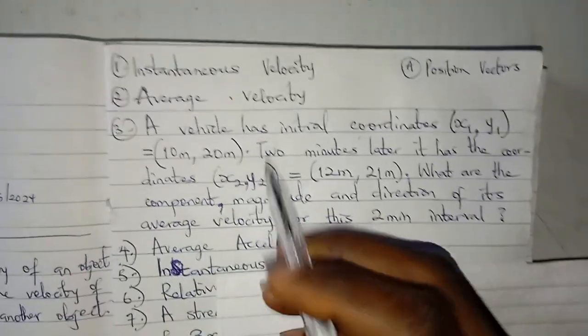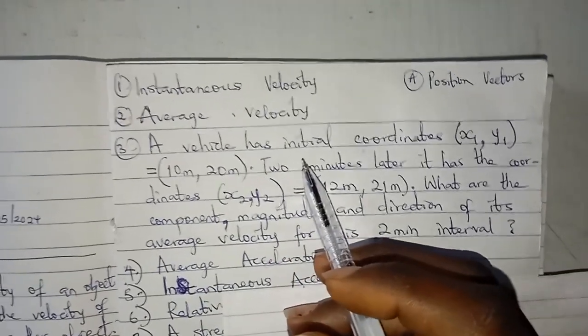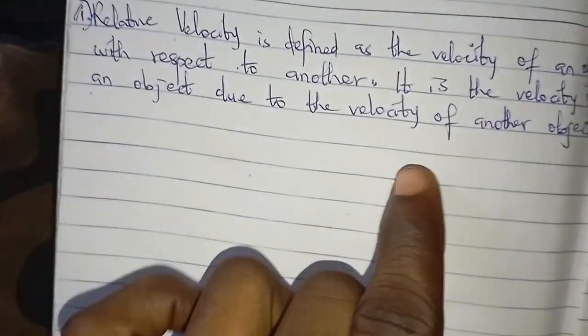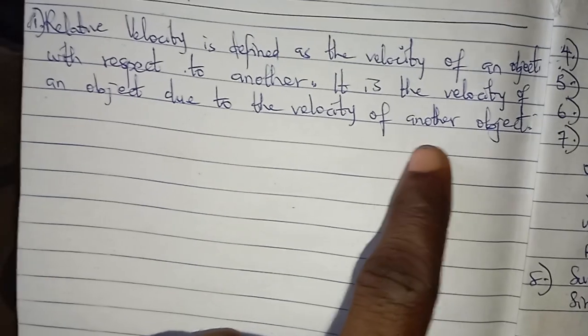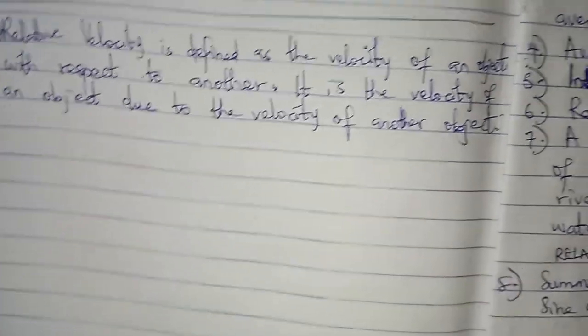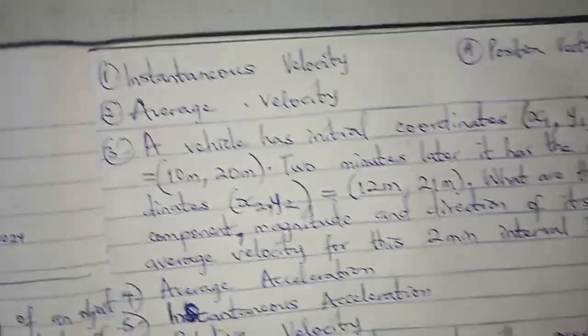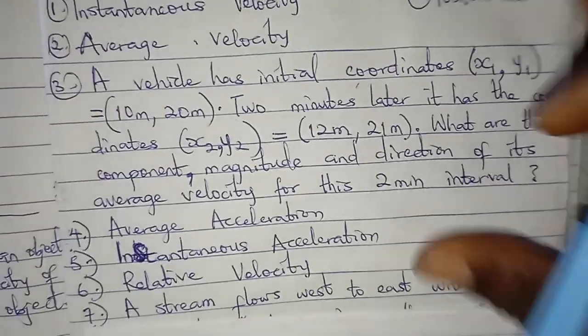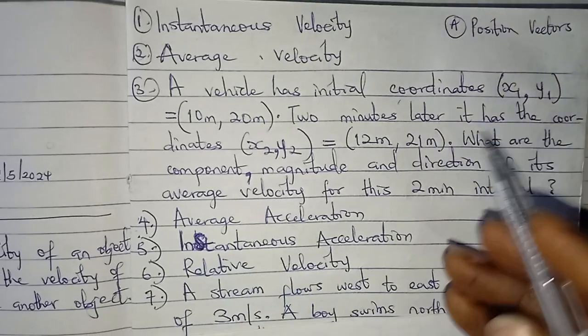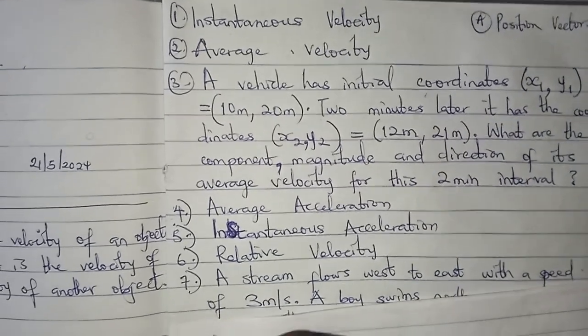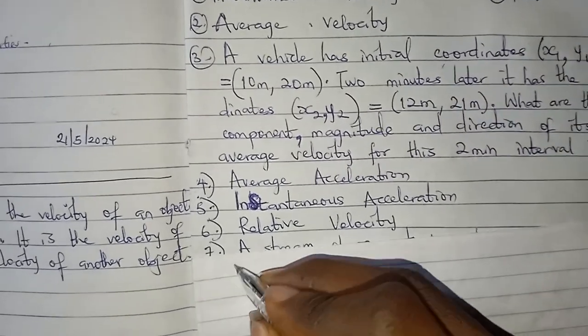They said a vehicle has, okay, look at how I define relative velocity here. Relative velocity is defined as the velocity of an object with respect to another. It is the velocity of an object due to the velocity of another object. So a vehicle has initial coordinates x1, y1. This is the vehicle.